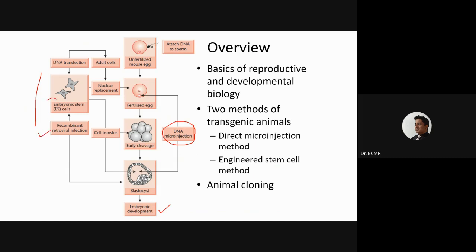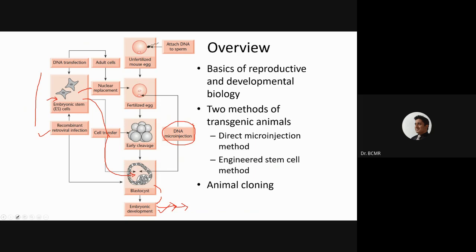Then we should put it into the embryonic stem cells, and then transfer it into the blastocyst. And then we would get a chimera, and we will discuss what a chimera is, and then we will get the organism.